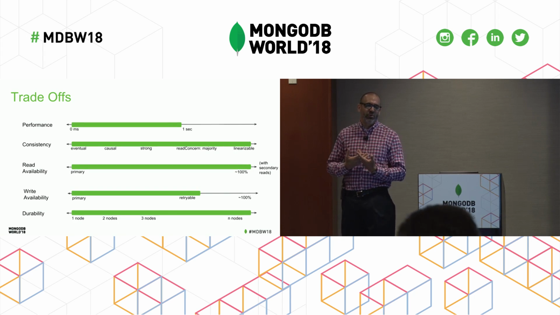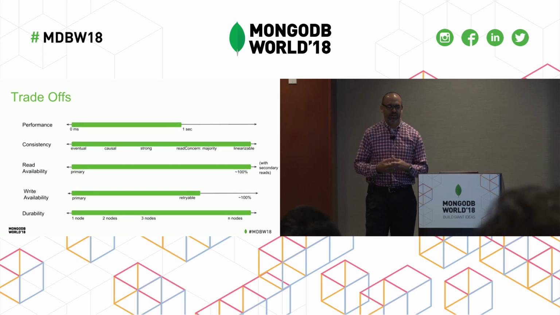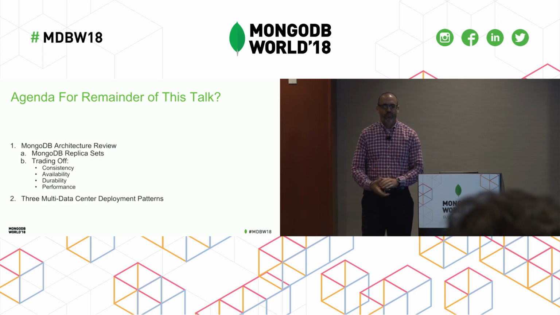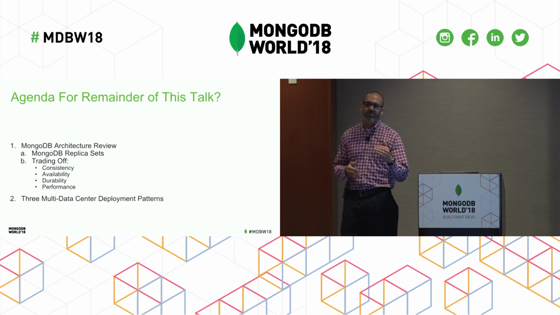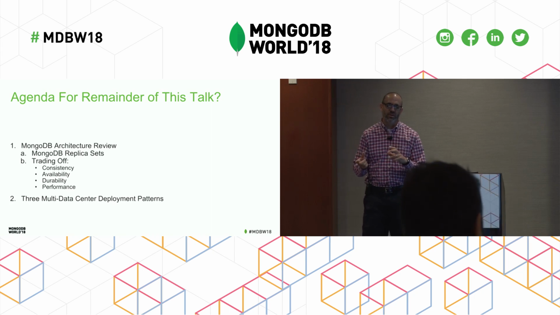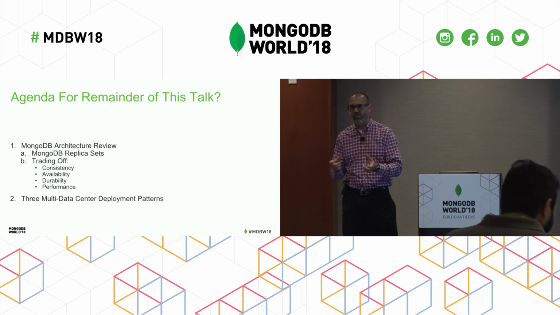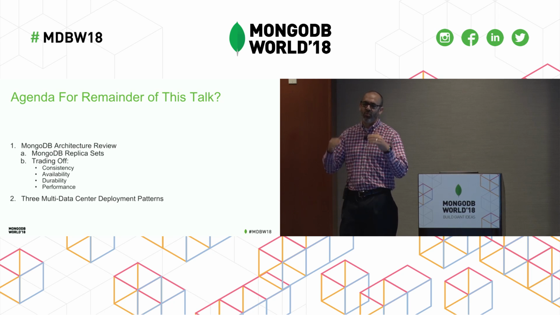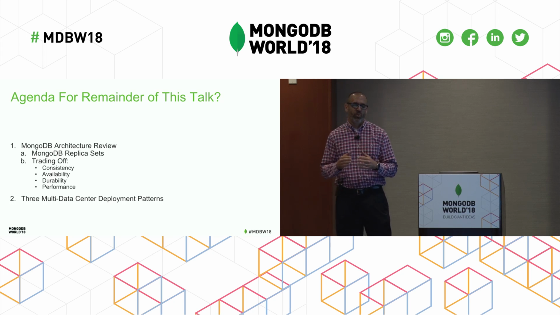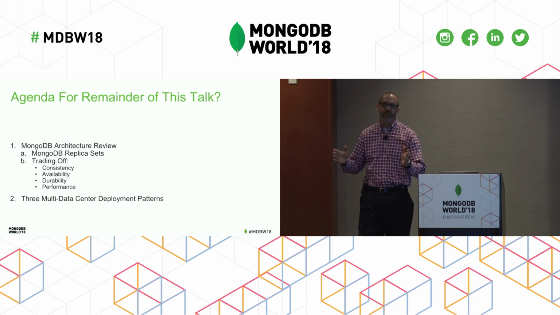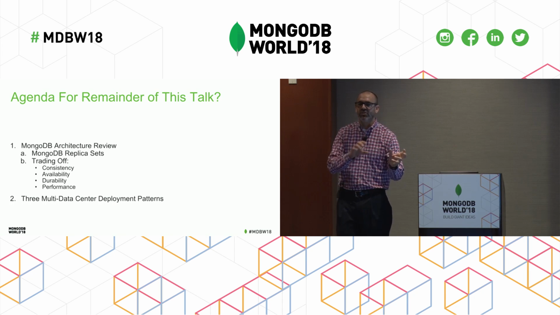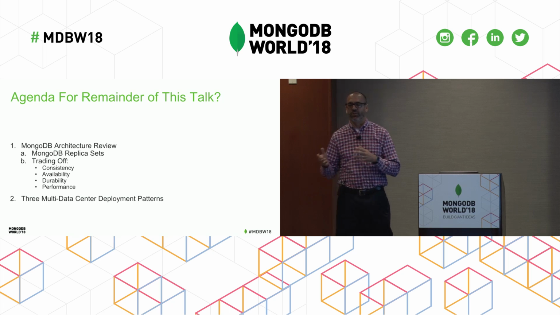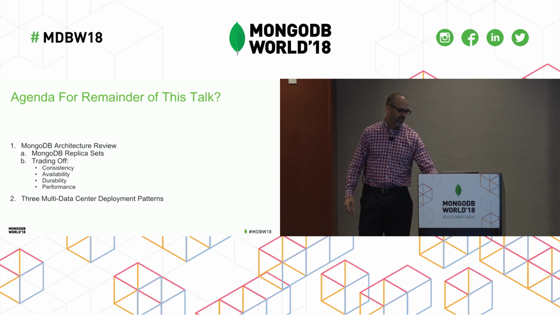So for the remainder of this talk, I am first going to jump into replica sets and talk about how you can configure MongoDB for different types of consistency, availability, durability, and performance. Once we have those foundations, we'll then talk about how you can lay out replica sets to achieve Active-Active, given that we can tune these different parameters.